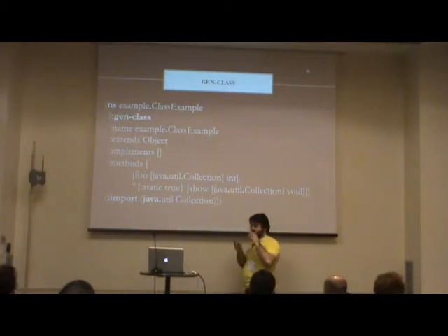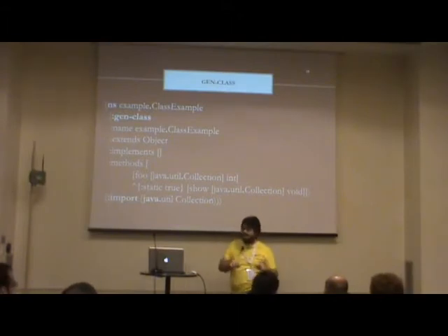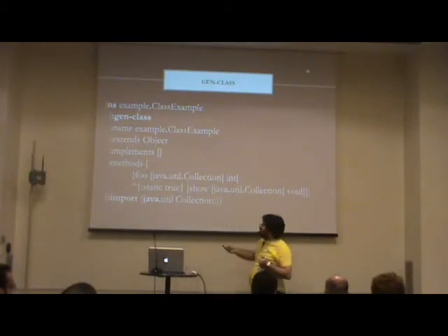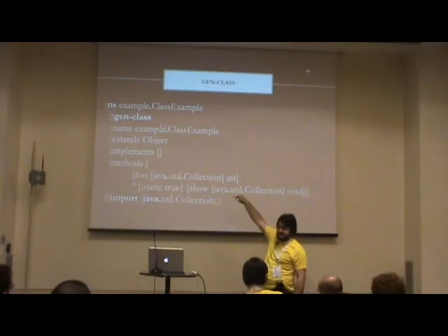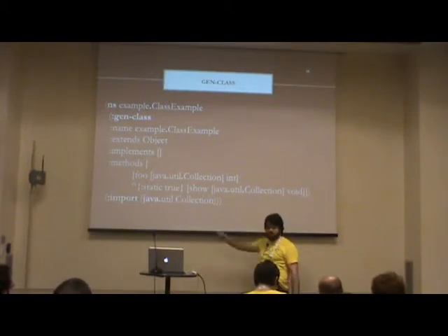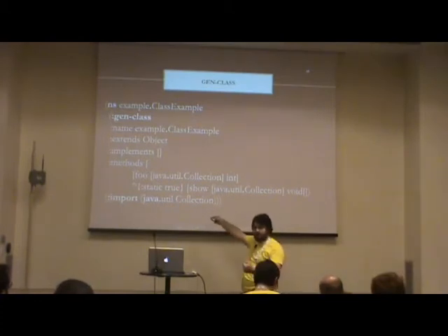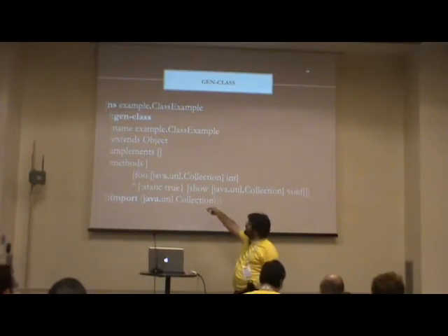Why is this important? Because Java is able to call Java classes. So if you generate the Java class in Clojure, then you can call it from Java. So we have to define a namespace here, and when we use the gen-class directive here, this means generate code, generate Java code, which represents this class, and we can call it from Java.